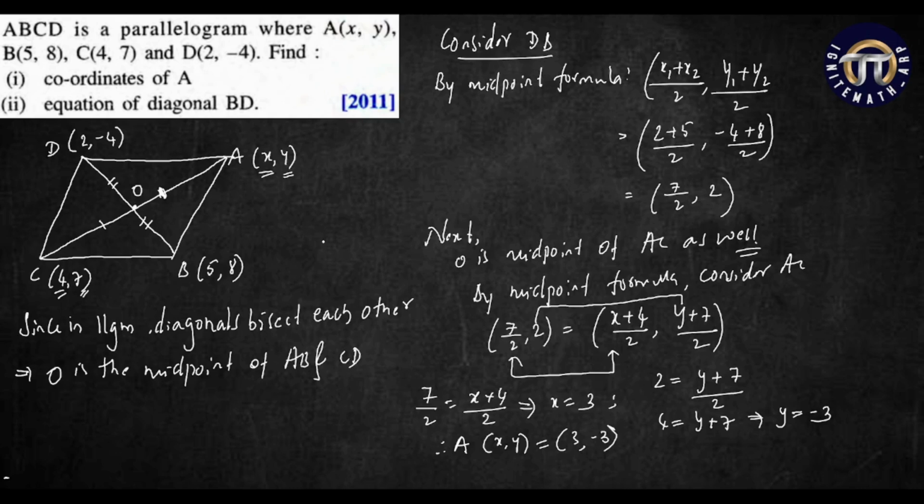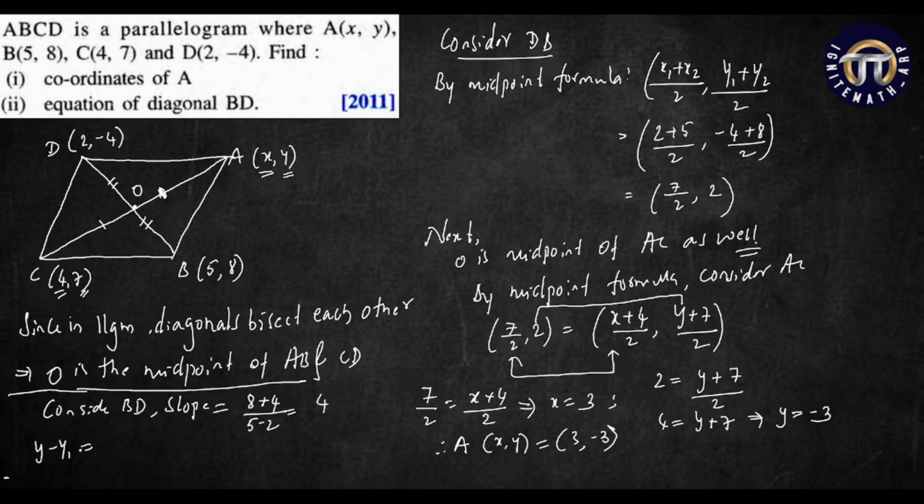Now later, the equation of diagonal BD. I'm supposed to find the equation of the diagonal BD. Consider BD. The slope of BD can be found by (y2 minus y1)/(x2 minus x1), that is (8 minus of minus 4)/(5 minus 2), that is 12 divided by 3, which is 4. The equation of the line BD will be y minus y1 is equal to m(x minus x1).